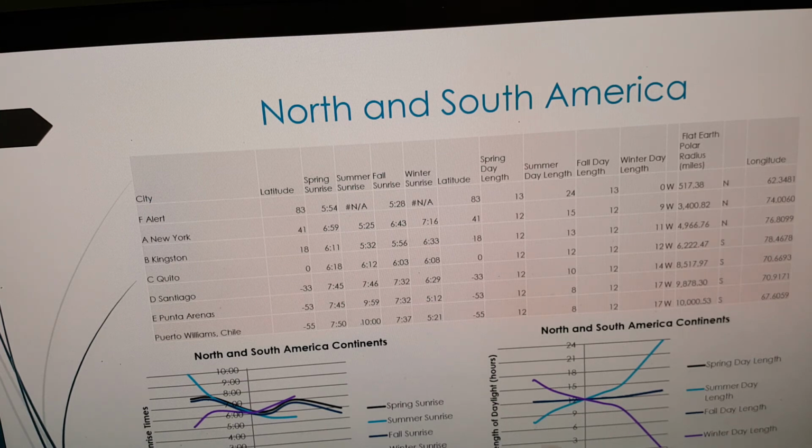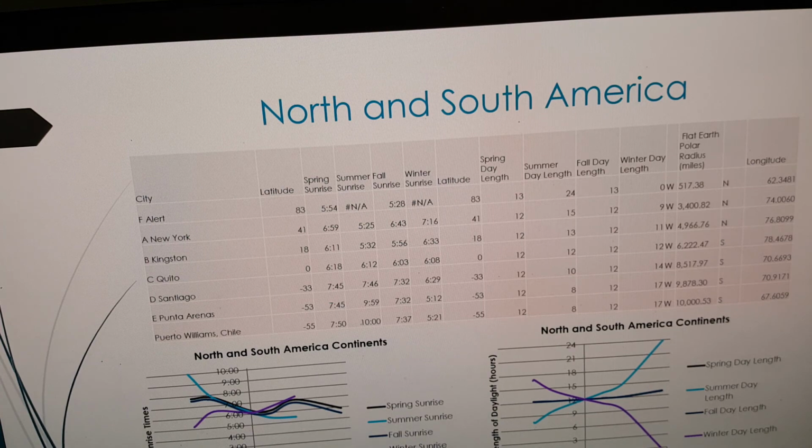So here are my two graphs for North and South America, and you can see kind of clearly here that the spring equinox and the fall equinox are virtually the same. They follow each other all the way from the furthest south to the furthest north.